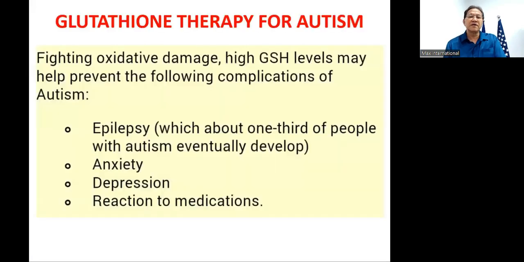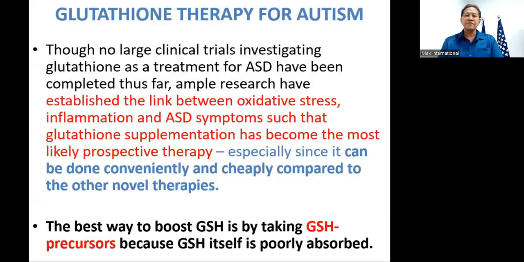Okay, so these are some of the things reported by boosting glutathione levels. Epilepsy is reduced, anxiety is reduced, depression is reduced, and reaction to medicine is also reduced.